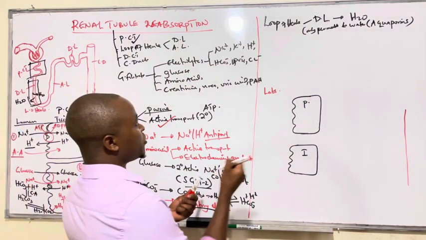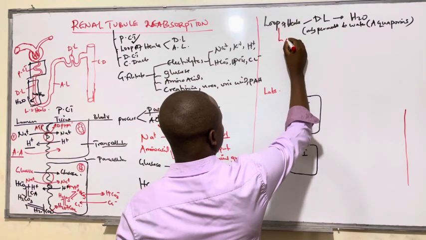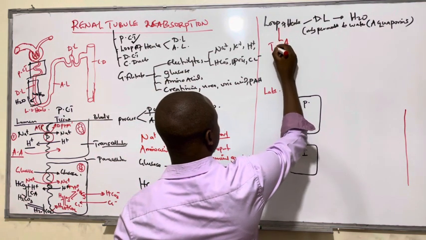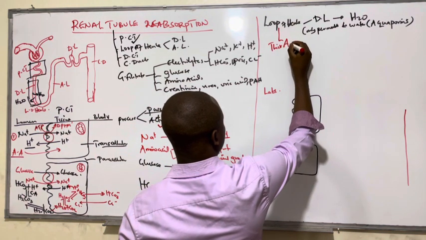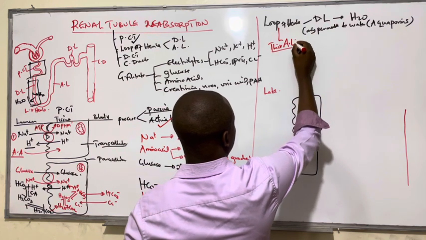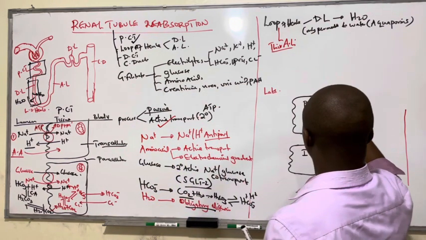And then when we go to the ascending limb, especially the thick ascending limb, you're going to see a transporter.